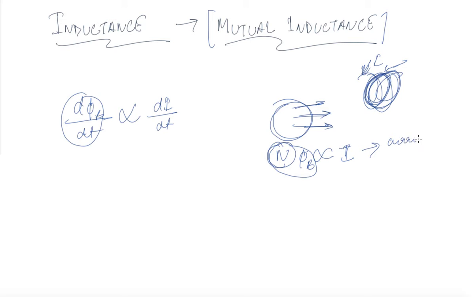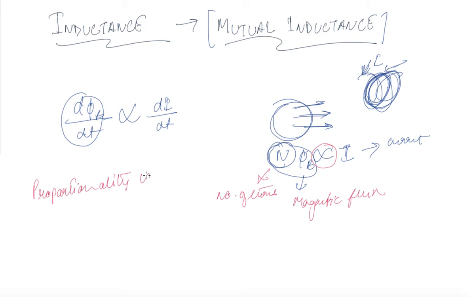This is the current, this is the magnetic flux, and this is the number of turns. So this is proportional. If we take this to be equal, we have to introduce a proportionality constant, and that proportionality constant for this particular case is known as your inductance.